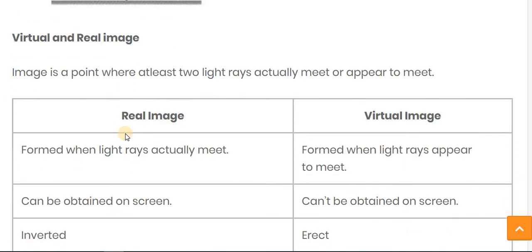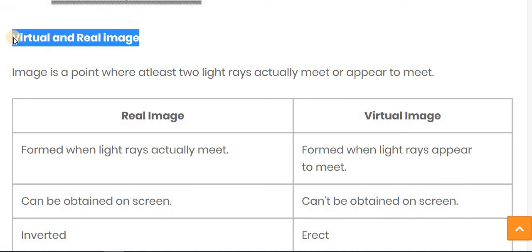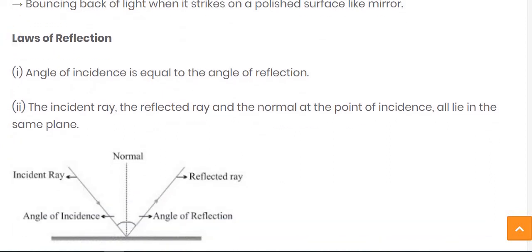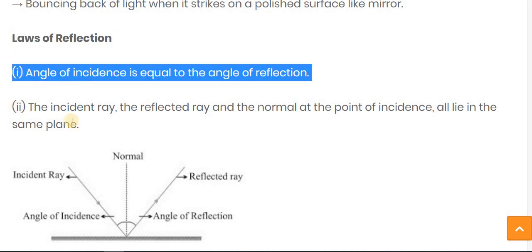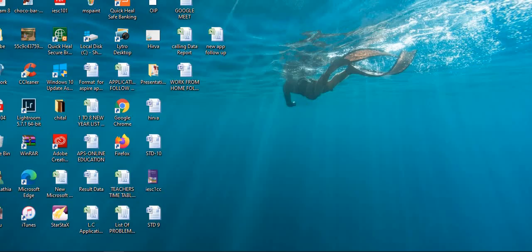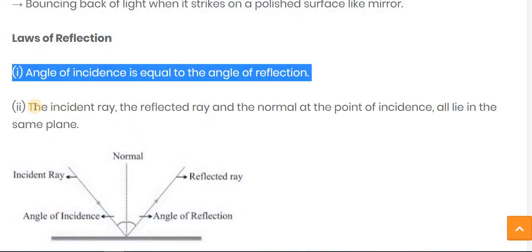Now let's see the virtual image and the real image. Once more, let's revise the laws of reflection. If asked to write down the laws of reflection, there are two laws, and along with that you have to draw this figure. The angle of incidence is equal to the angle of reflection.